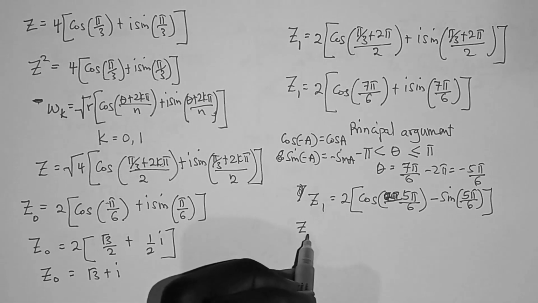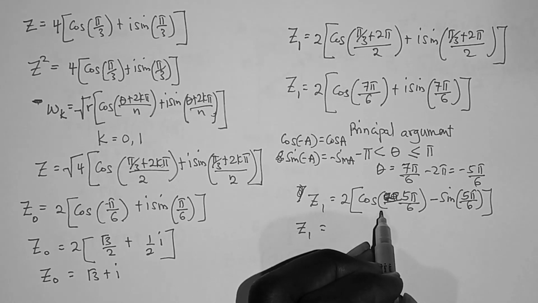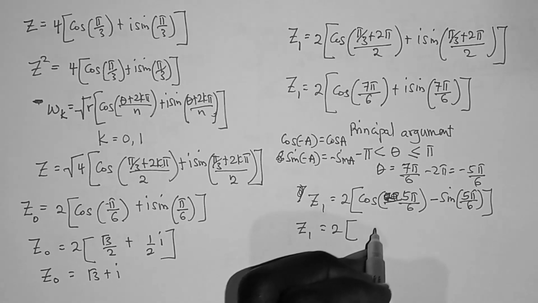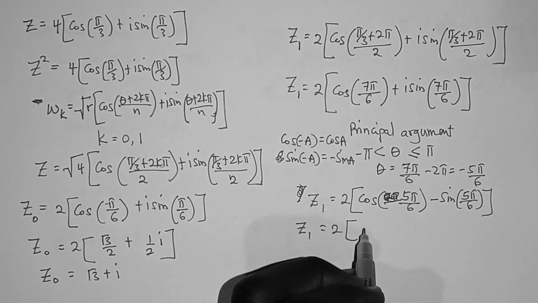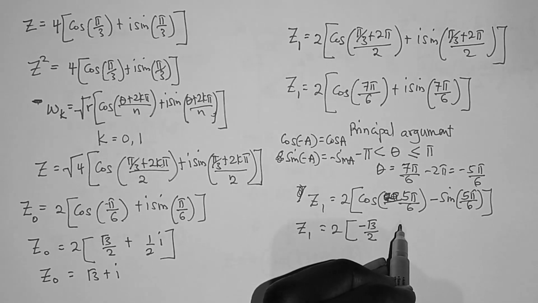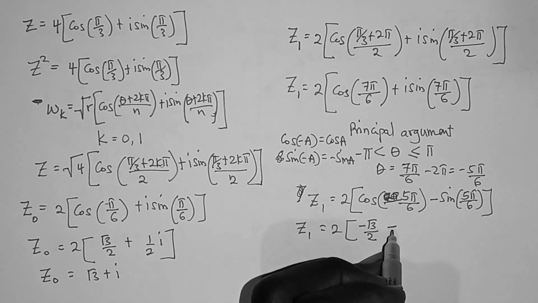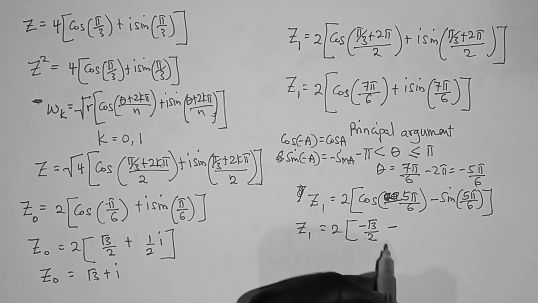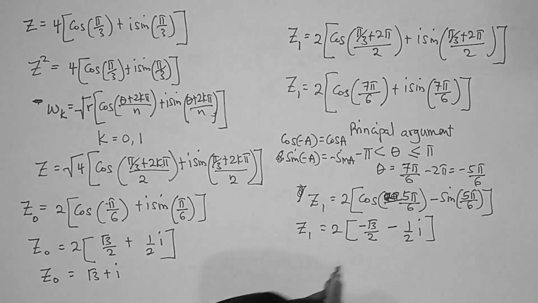So z1 is equal to 2 times cos 5 pi over 6, which is minus root 3 over 2, and then sine 5 pi over 6 is 1 over 2. So here too will be minus 1 over 2 i.